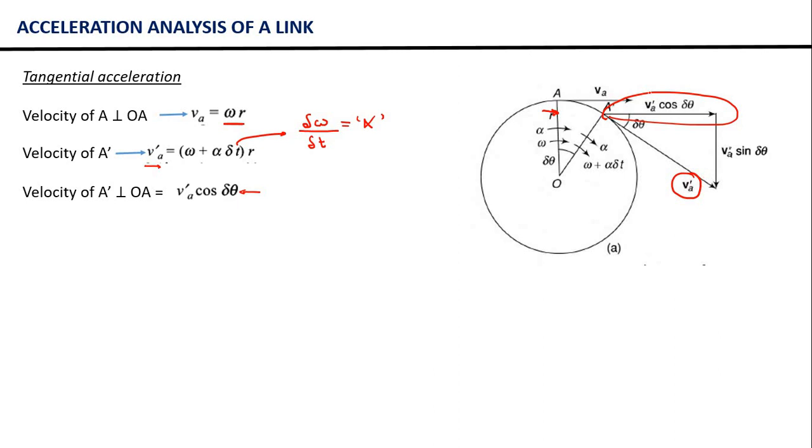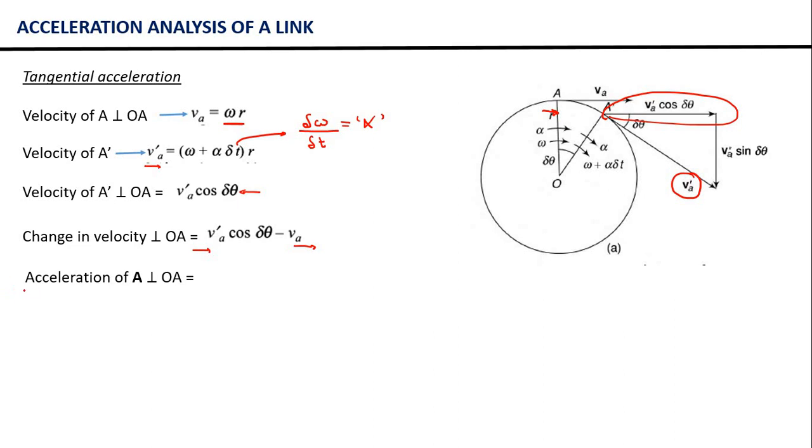We can see here the component which is perpendicular to length OA is VA prime cos delta theta. Similarly, the change in velocity perpendicular to OA can be very easily calculated by simply subtracting the velocity at time t from the velocity component at time t plus delta t. So this will be VA prime cos delta theta minus VA.